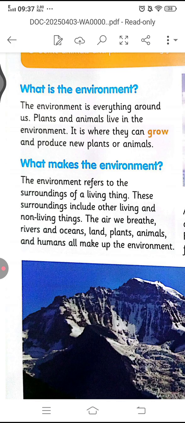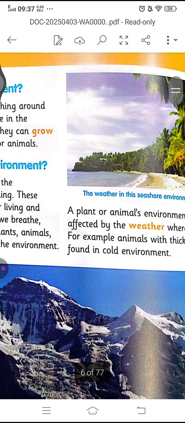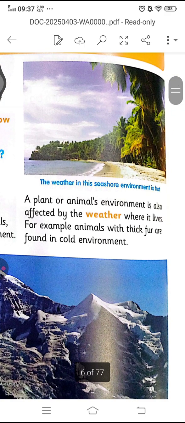Why? Because in every place different animals, different plants, different things and human beings are found. And these things like air, river, ocean, land, plants and animals make up our environment, because they allow us to live on the earth.